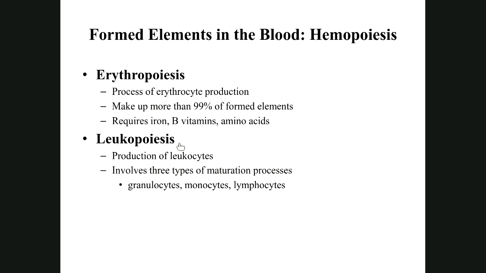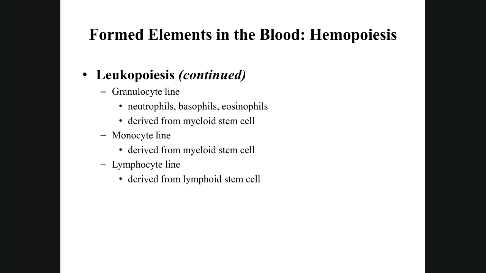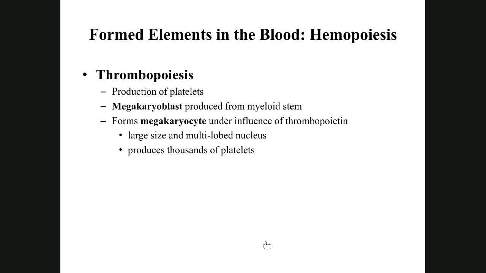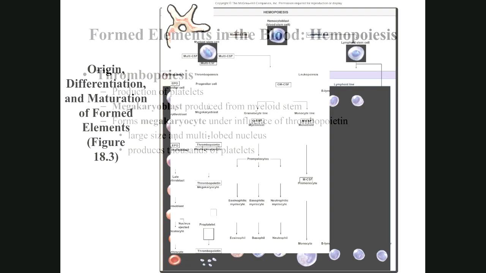So this is the process of making white blood cells. And then the last one is called, don't worry about that right now, thrombopoiesis. Thrombopoiesis is the process of making platelets. I don't care if you know megakaryoblast and megakaryocyte. Don't worry about those. Just know the terms erythropoiesis, lymphopoiesis, and thrombopoiesis as far as what they create, which specific formed elements that they're making.